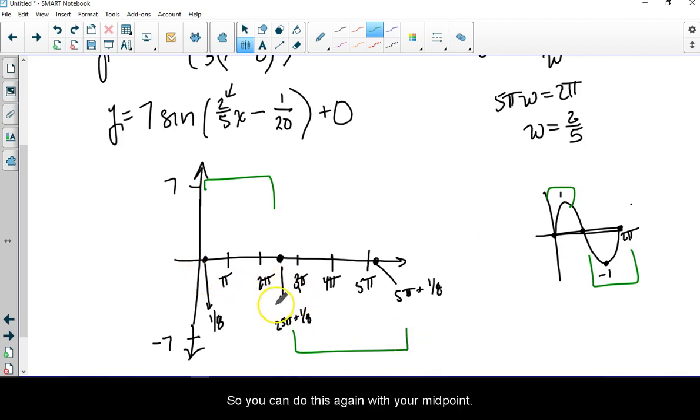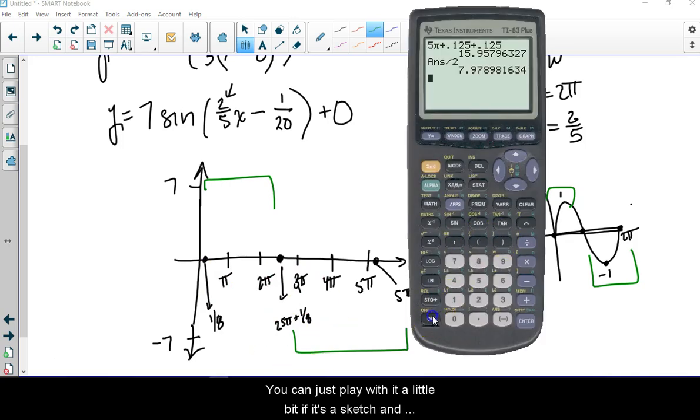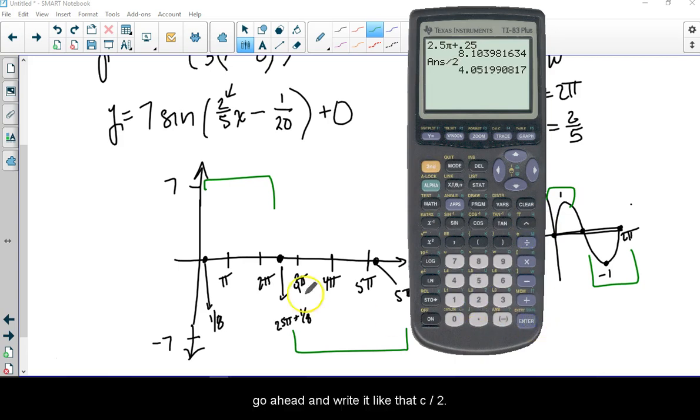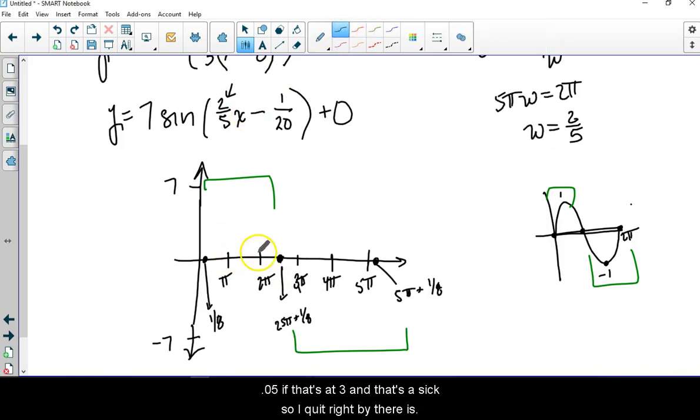So you can do this again with your midpoint. You can just play with it a little bit. If it says sketch and you don't need it to be exact, that's fine too. An eighth plus an eighth is a quarter, so I'm just going to go ahead and write it like that. Say divide by 2, so like 4.05-ish. So that's a 3 and that's a 6, so right about there-ish.